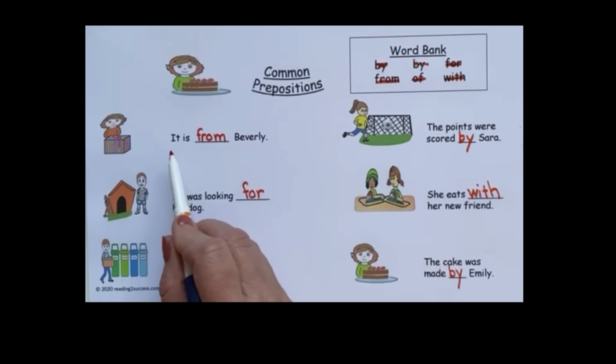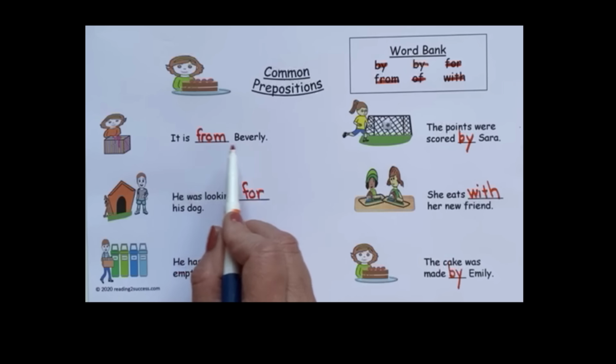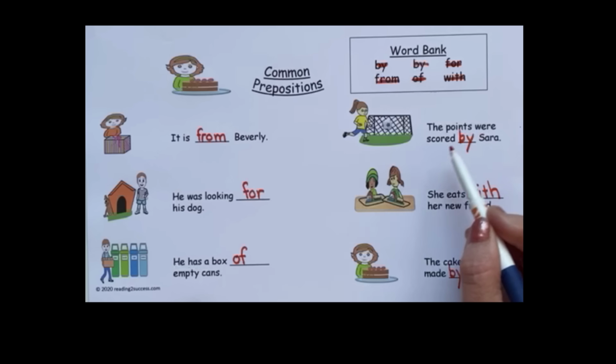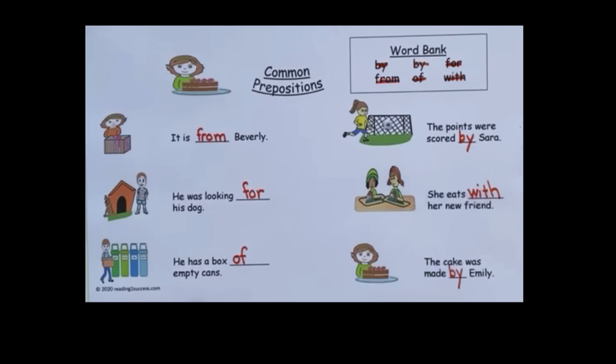It is from Beverly. From is the preposition. He was looking for his dog. For is the preposition. He has a box of empty cans. Of is the preposition. The points were scored by Sarah.